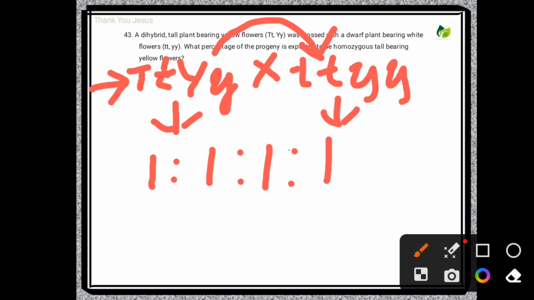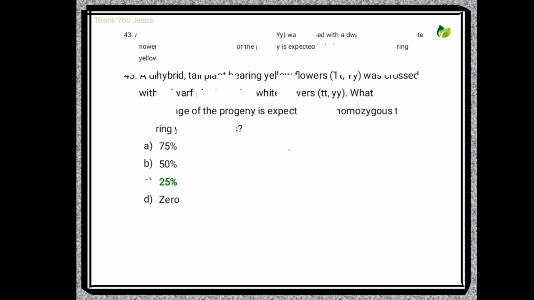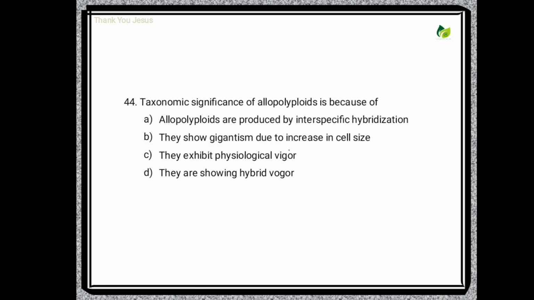So that's why one plant will come with the genotype capital T, capital T, capital Y. So the percentage of individuals coming with tallness and bearing yellow flowers is 25%. So 25% is the correct answer. Okay, so let's see the next question.